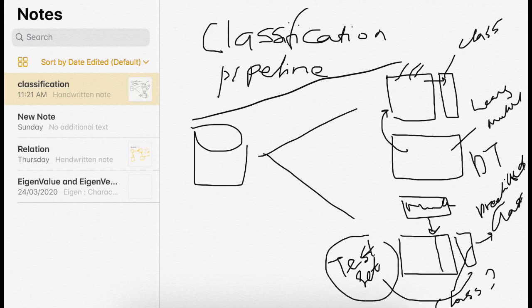From the test set, we can calculate the accuracy. We will learn that in the next chapter.